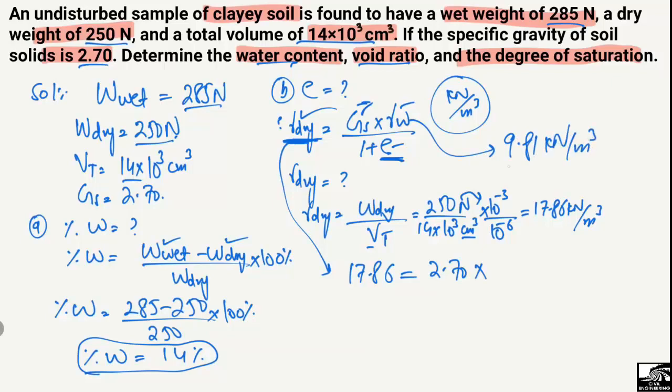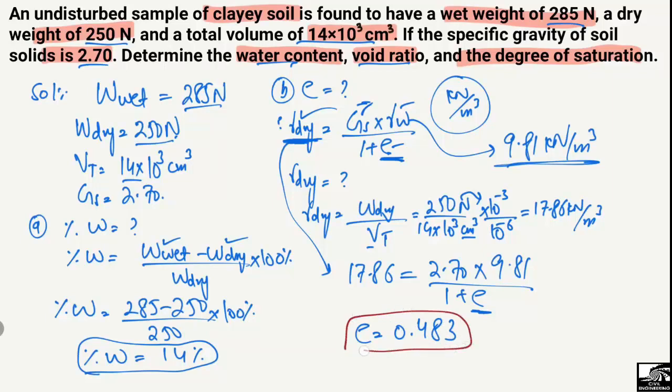Keep in mind this value is constant for water. Dividing by 1 plus e, from this equation we can find e, which comes out to be 0.483. So here we found our void ratio, 0.483.